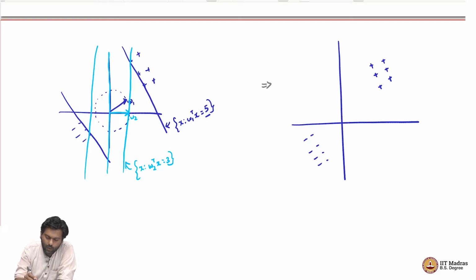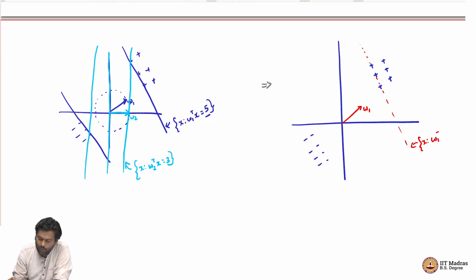Now, if I want W1 in this direction, this W1 has this line as the set of all x such that W1 transpose x equals 5. This was our earlier W1. Now, this W1 I will not allow in my set of feasible W's. I am only going to allow W's such that the gamma is exactly 1.